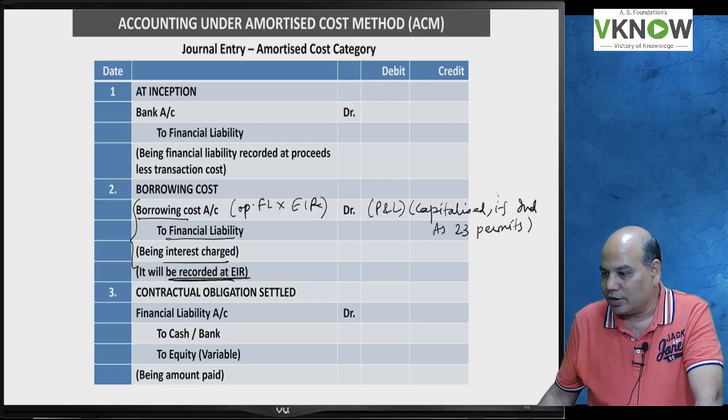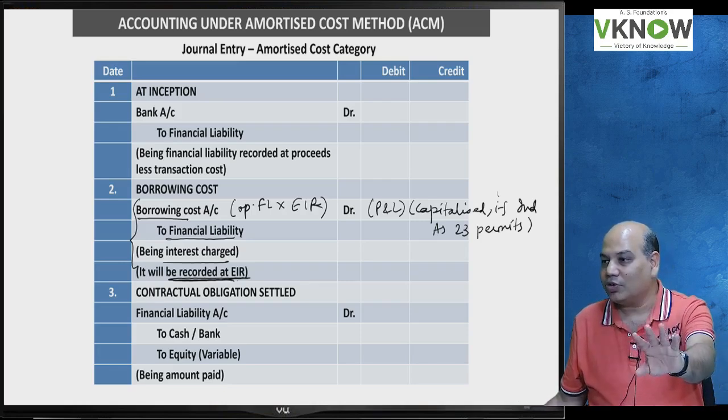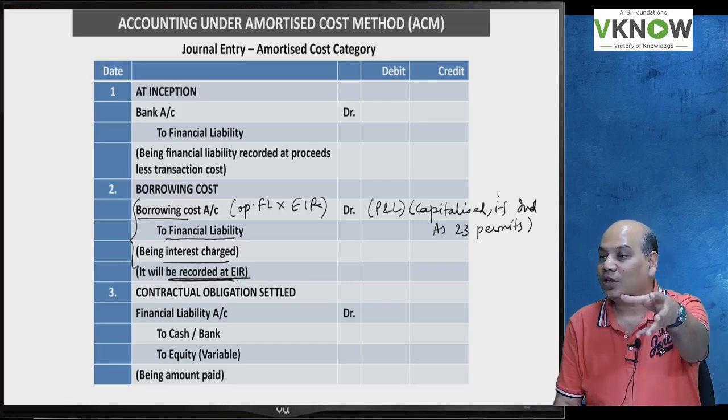Some books write charge to the P&L account. Generally you are right. But if the loan is taken for acquiring, constructing or purchasing a qualifying asset, then that interest is capitalized. Again, one important thing: till the intermediate stage you are capitalizing the coupon amount.